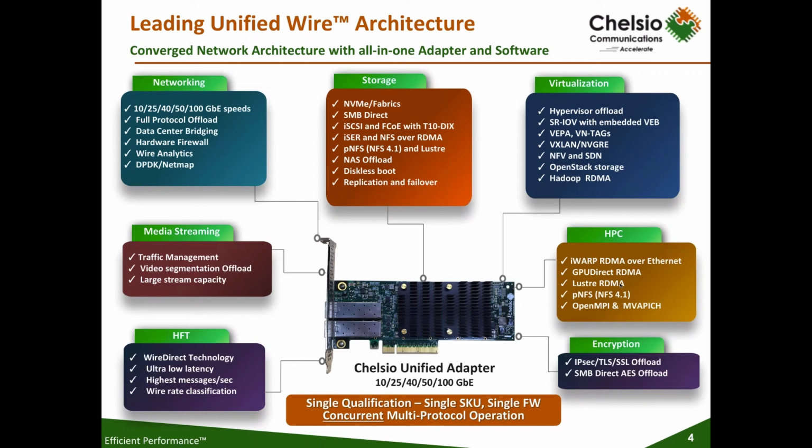One new feature that was added on T6 is the onboard encryption engine. This engine allows the user to offload IPsec, TLS, and SSL processing onto the chip. It works in two basic configurations, first being coprocessor, where the CPU accesses the crypto engine and does the encryption locally, and second is inline, where the data going out or coming in over the wire is encrypted or decrypted as it's transferred.